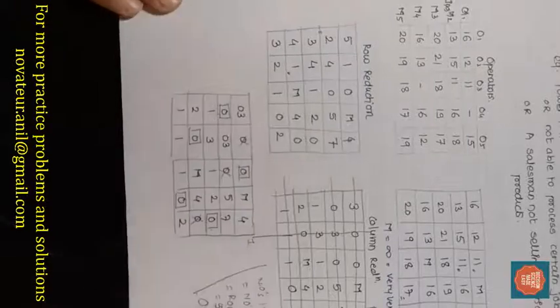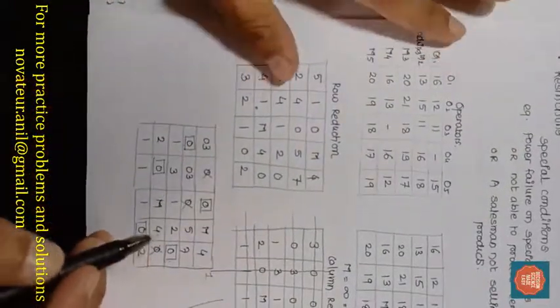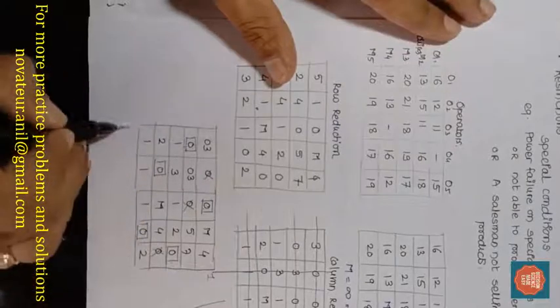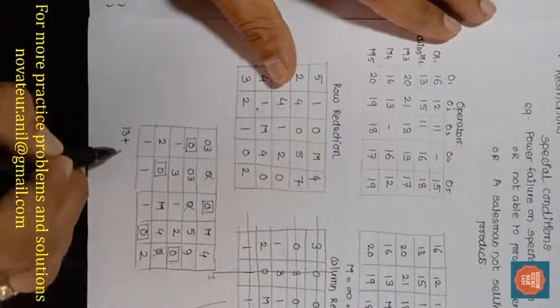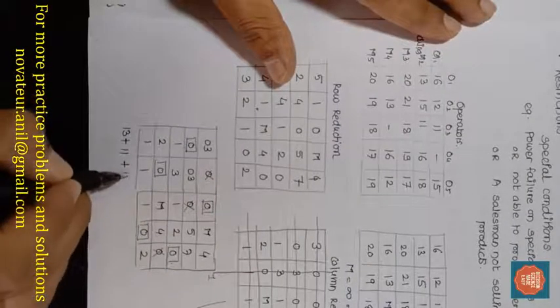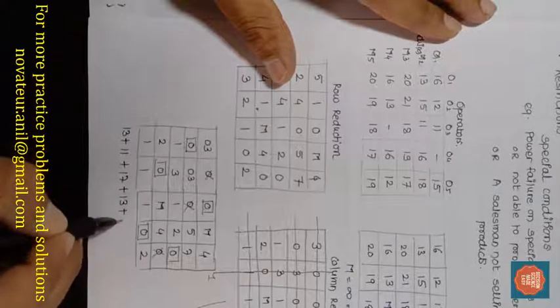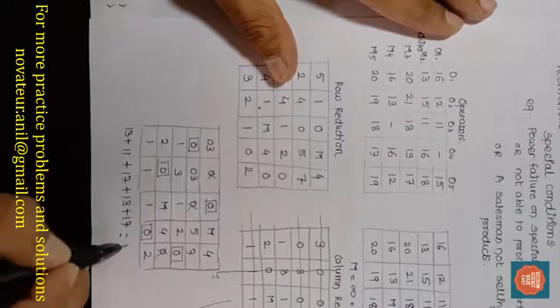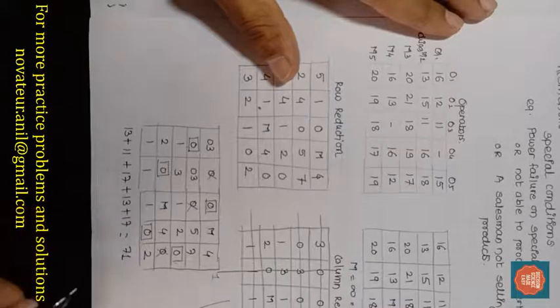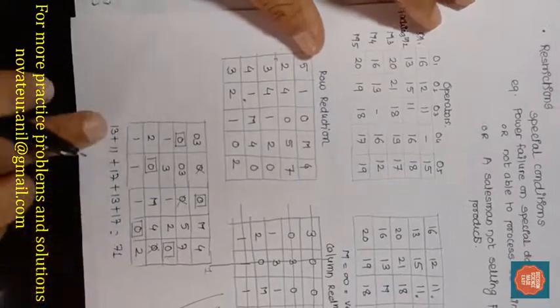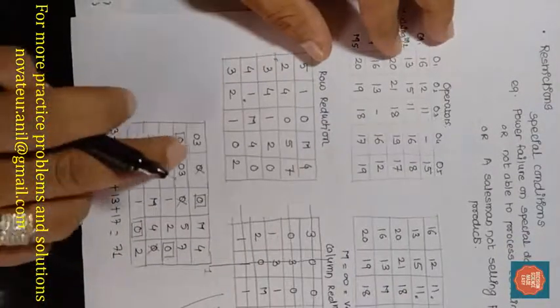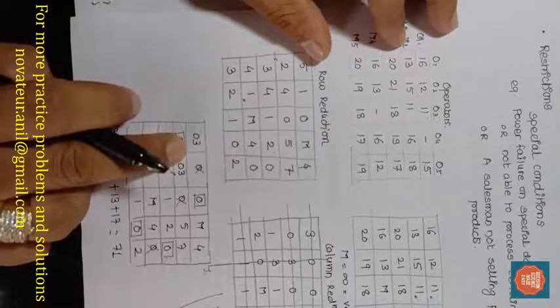So let me check these values from the original matrix. I will get here 13 plus 11 plus 17 plus 13 plus 17, that will be 71. So my answer will be 71. There's 13, I'll check it with the original matrix.